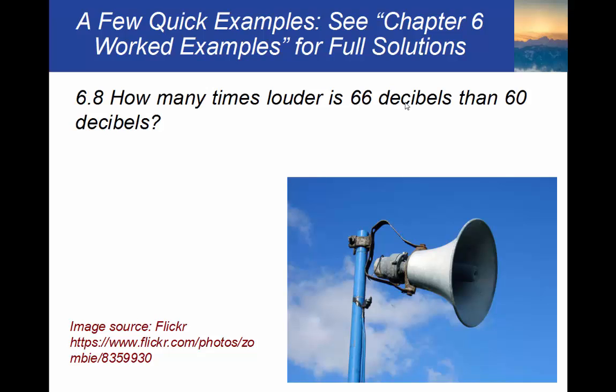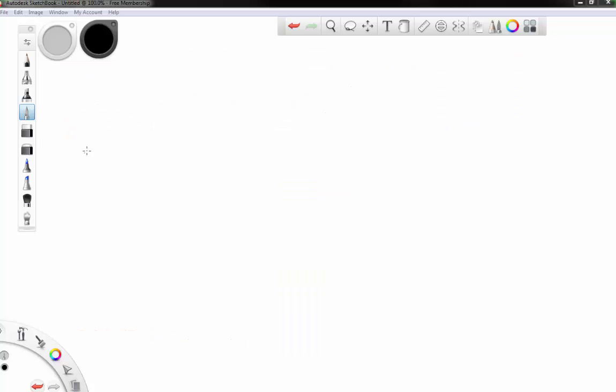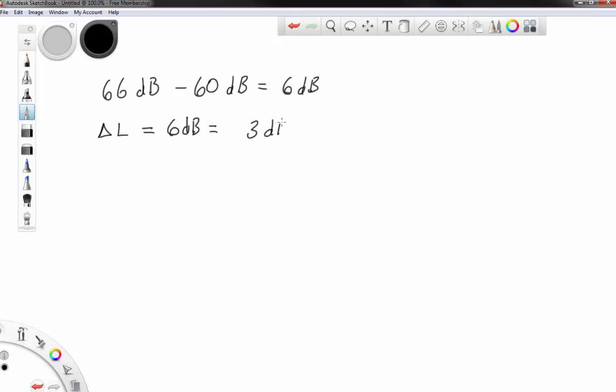Okay, so you're going 66 decibels from 60 decibels. How many times louder is that going to be? So 66 decibels minus 60 decibels gives us 6 decibels. And that is basically a delta, let's call it L for intensity level. Delta L is 6 decibels. So that is also the same thing as 3 decibels plus 3 decibels. And so this right here is 2 times louder.